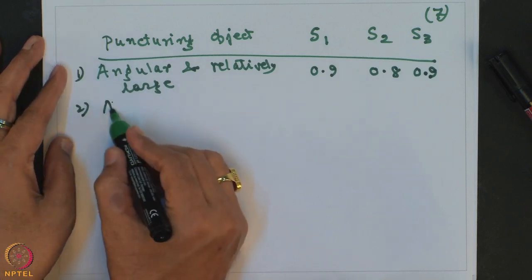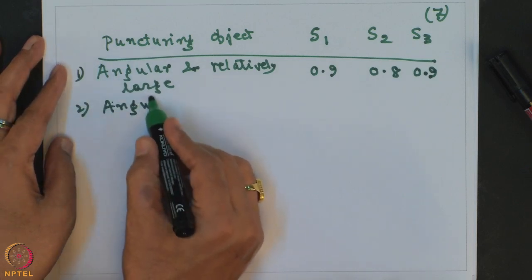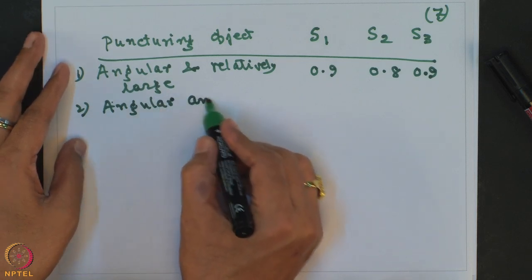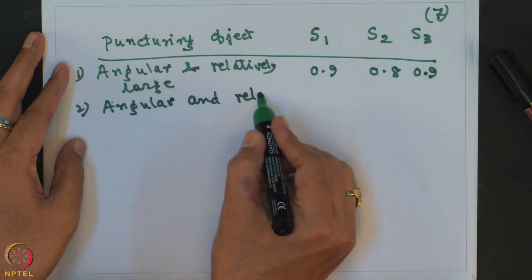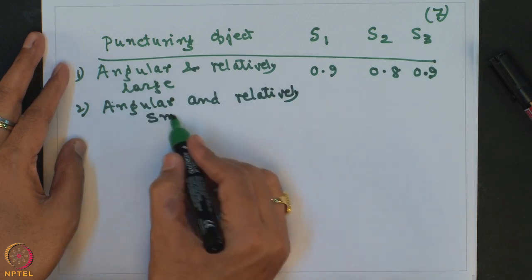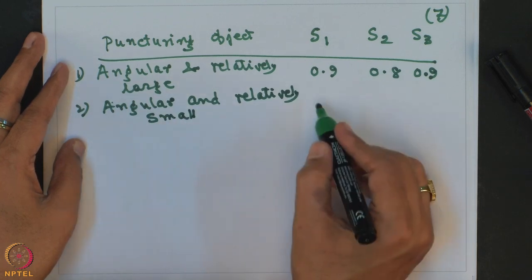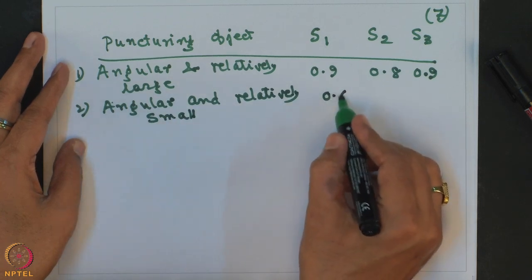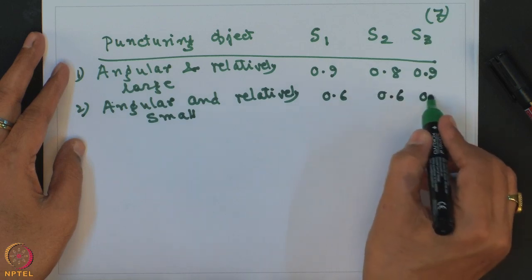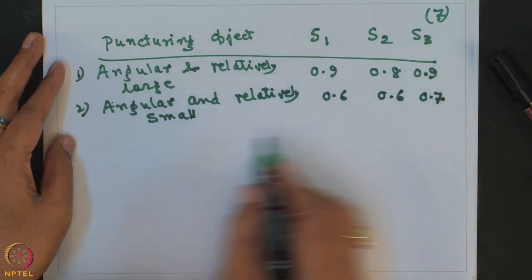If it is angular and relatively small, S1 value is 0.6, S2 value is 0.6, S3 value is 0.7.